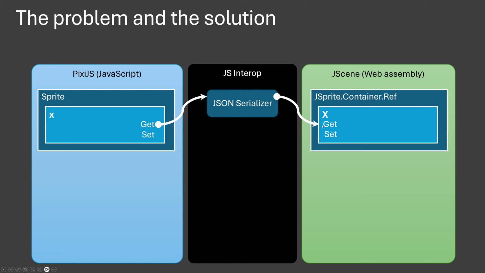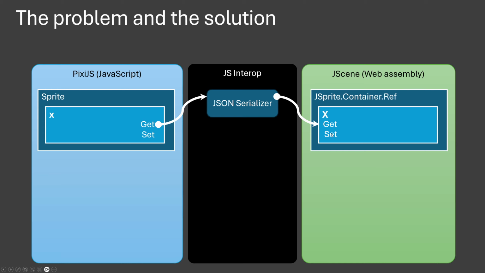If we have a getter property on our C# object on the WASM side, we just call into the ref to get this object, and it goes through the JS interop layer and through this JSON serializer, where it takes the object on the JavaScript side, which is naturally JSON serialized, and then deserializes it back into the C# object here on the WASM side.